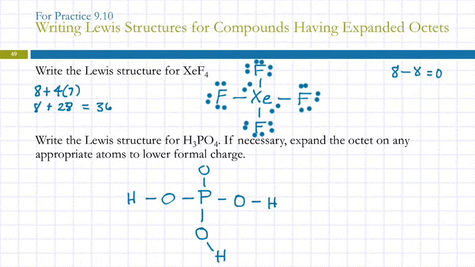So we'll try that. We've got to add up all the valence electrons. We have 3 hydrogens. They each have 1 electron. We have phosphorus, 5 valence electrons, and 4 oxygens. They're each 6. So we have 3 plus 5 plus 24. What's that, 32? Somebody with a calculator should check my math. Thank you.